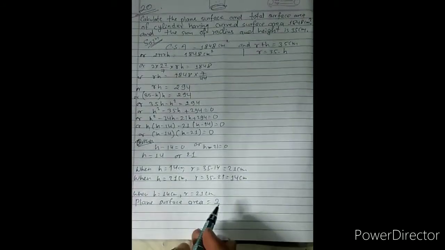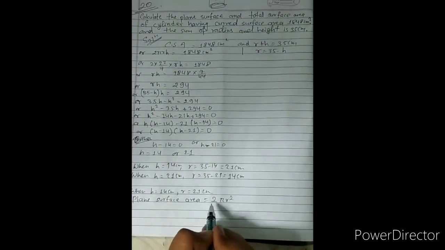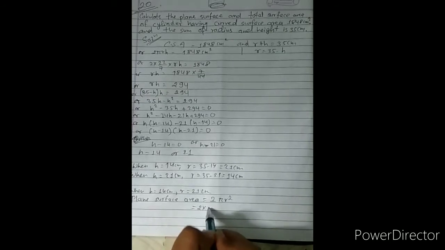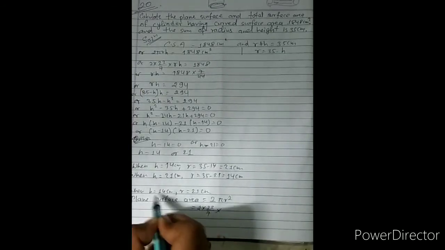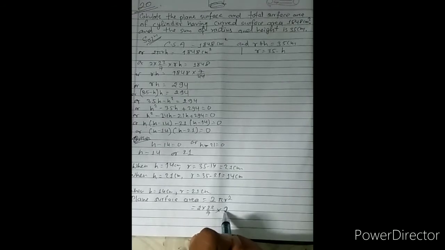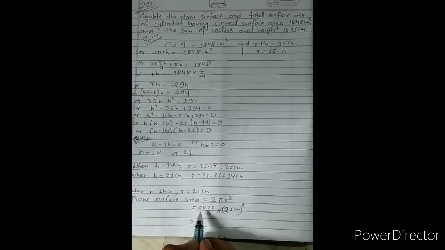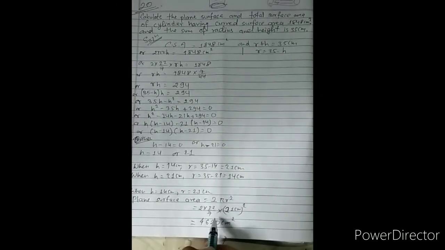And the area of one circle is pi r square. 22 by 7 here, 2772.